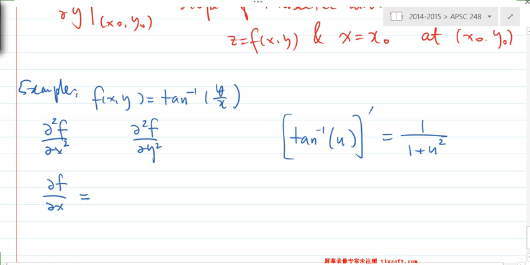So this is where you need a simple rule again, that so-called chain rule. Okay, a chain rule here. So this chain rule is like this.